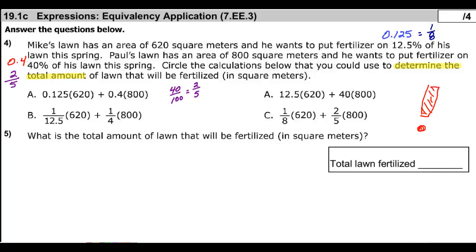If we wanted to do the same thing with the 1/8, we would have the decimal 0.125, which is 125 thousandths. And then we'd start dividing.